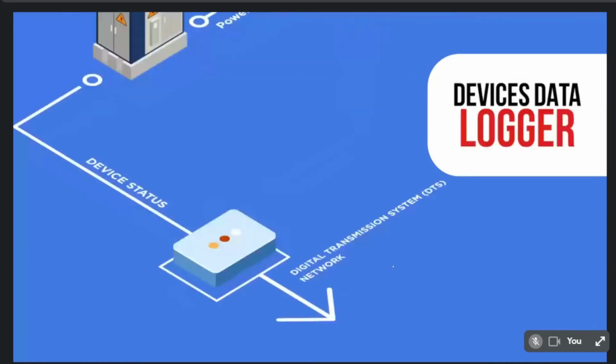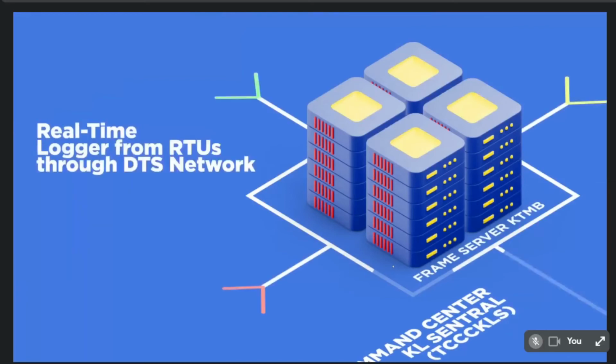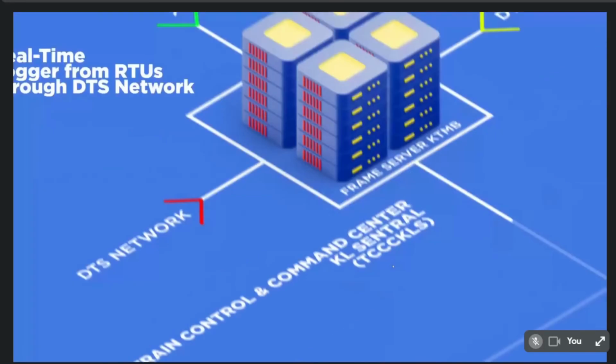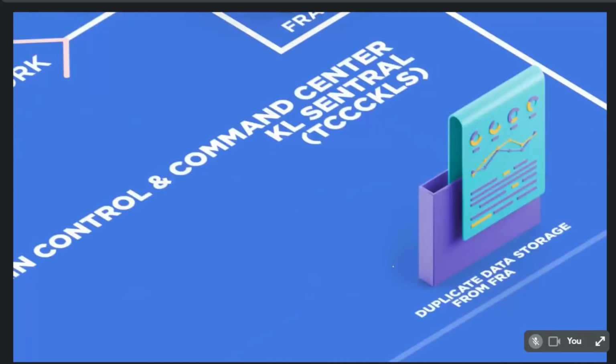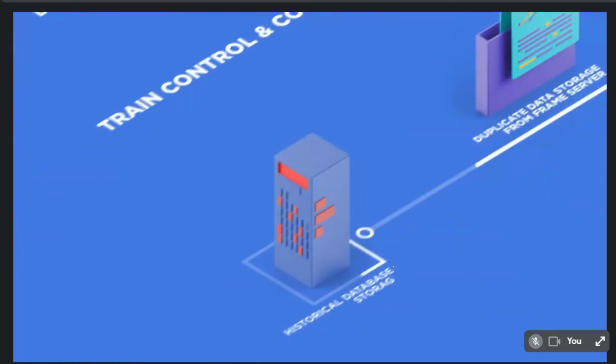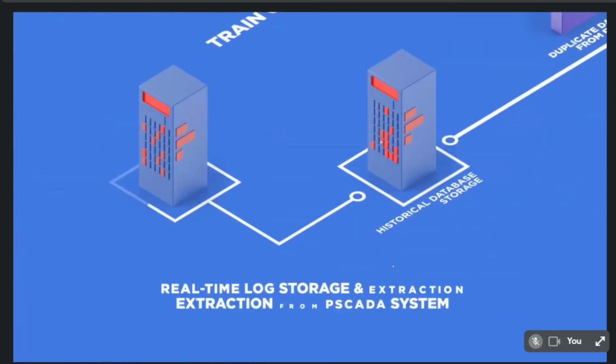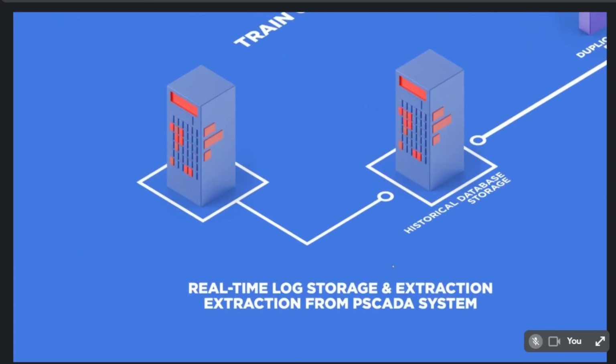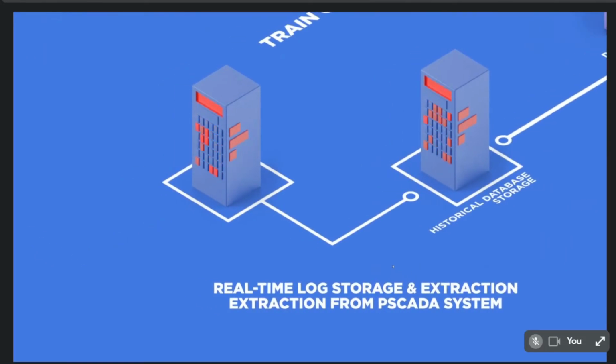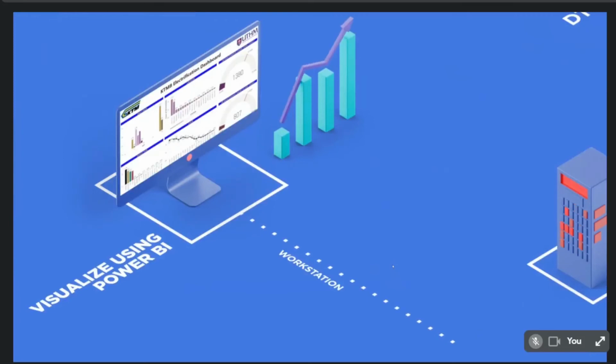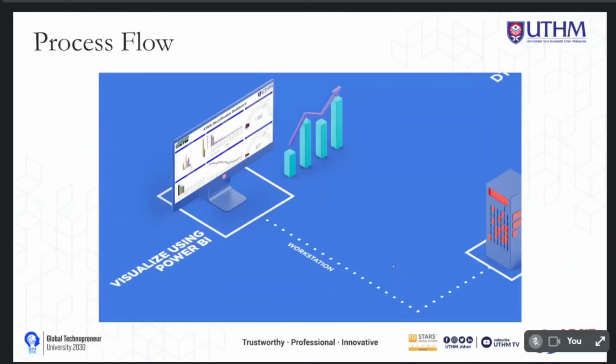We transfer the data from the data center at KL Central, TCC. This data will be duplicated in data storage before feeding to the historical data server and displayed on the workstation. We visualize using Power BI software in order to visualize and monitor, so we can easily monitor the data.